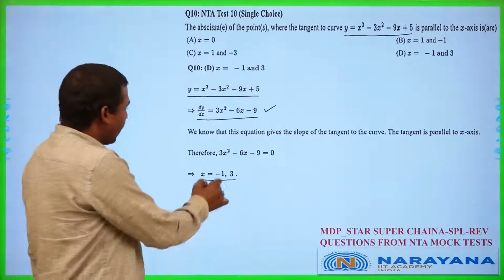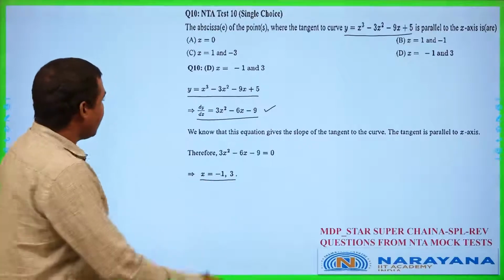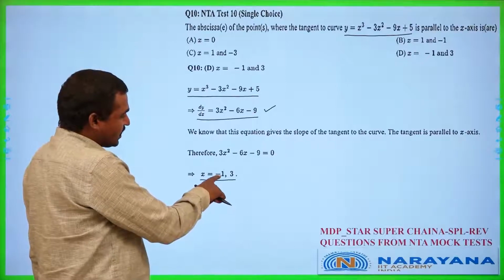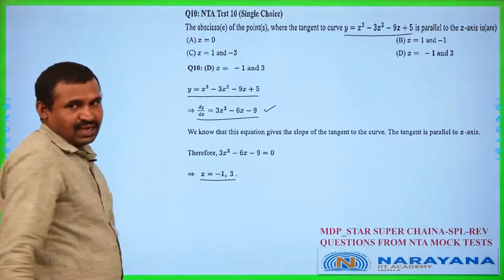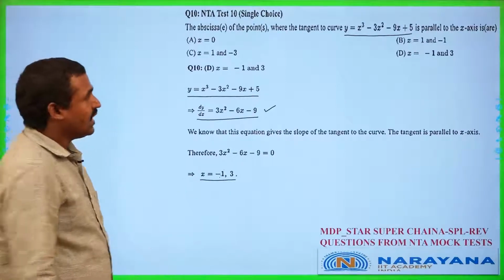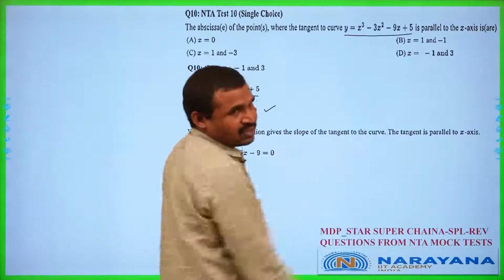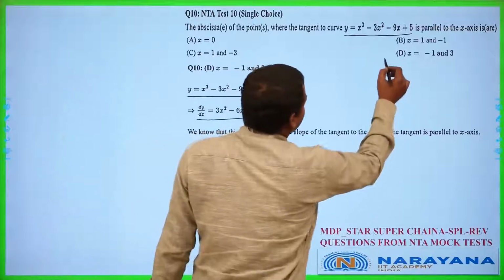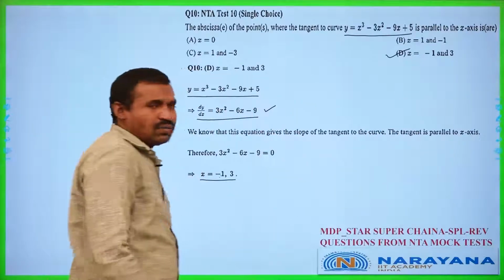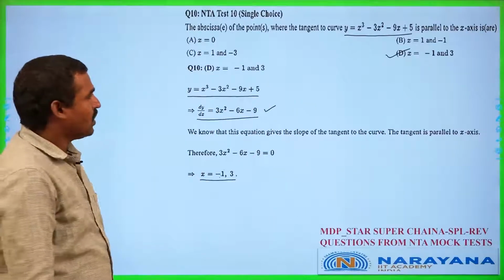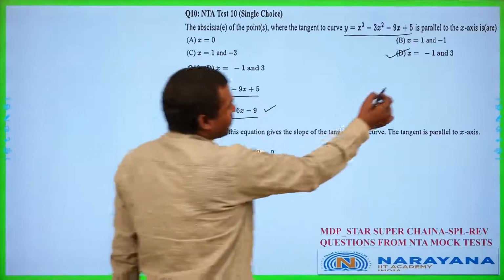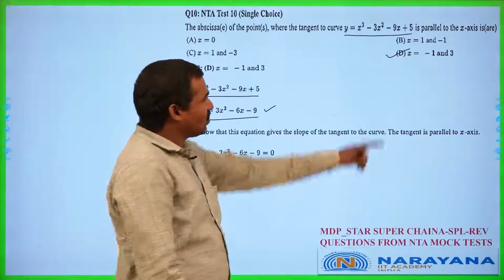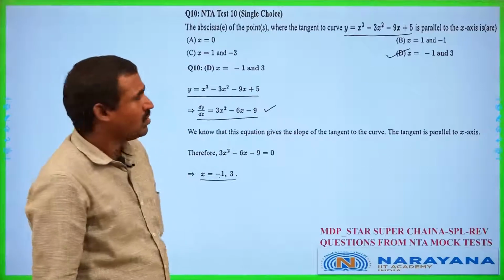So, x is equal to minus 1 and x is equal to 3 are the abscissas of the tangents that are parallel to the x axis. So, option D is correct, because dy by dx at x is equal to minus 1 is 0 and dy by dx at x is equal to 3 is also equal to 0.